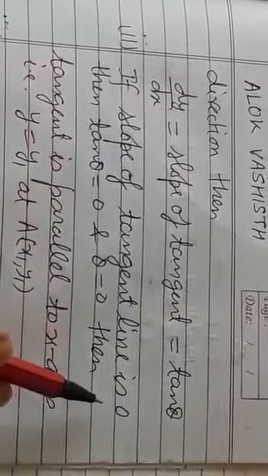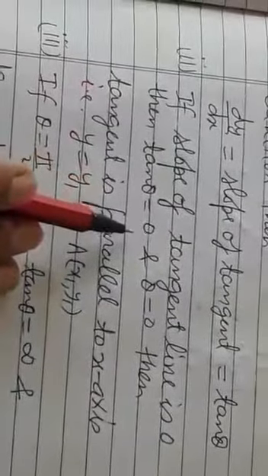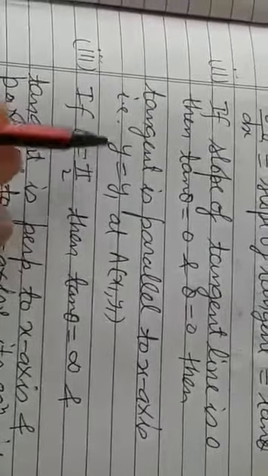Now if the slope of the tangent line is 0, then tan theta is equal to 0 and theta is also 0, meaning the tangent is parallel to the x-axis at point y is equal to y1. Tangent is parallel to the x-axis and its equation is y is equal to y1 at a point (x1, y1).